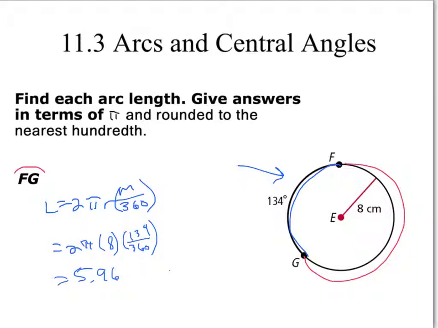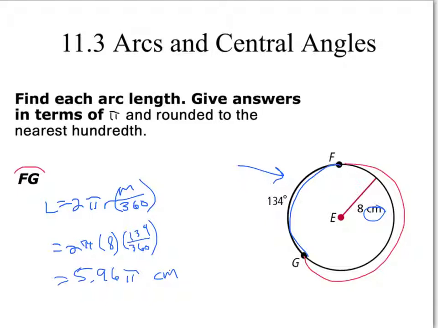5.96 pi centimeters. Yes, you can put 5.96 pi centimeters. I'm using centimeters because I'm talking about centimeters on my radius, and I'm going to be using linear units for that arc length. Now, I take 5.96 and multiply it by pi.